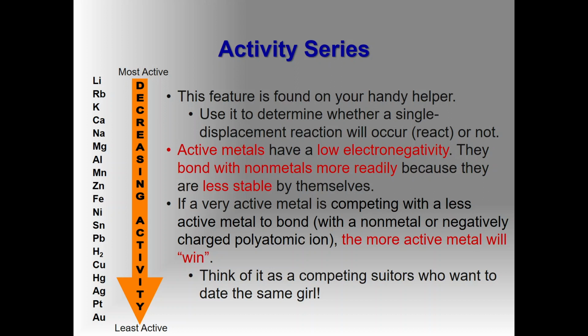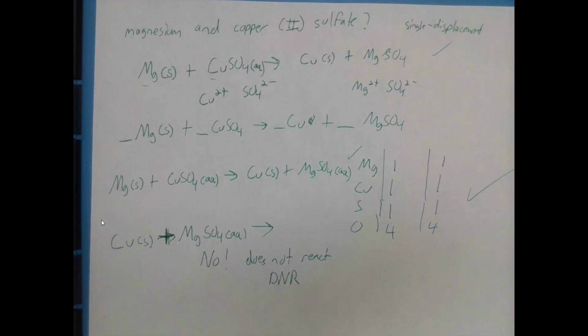So lithium is the most active. So let's look at this. So we have copper versus magnesium. So we were trying to react. So looking at our equation that we started out with, we're trying to see if copper will replace magnesium or if magnesium will replace copper.